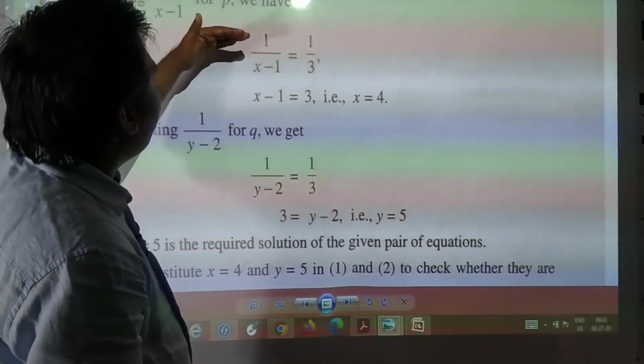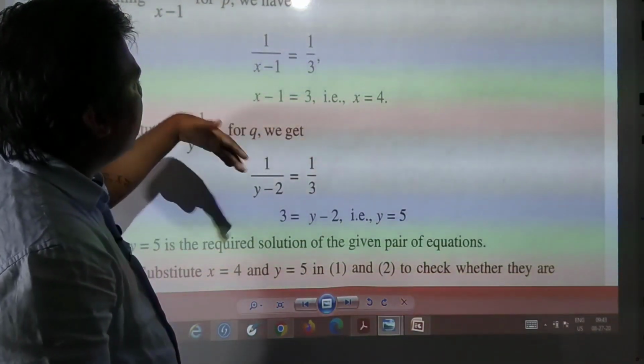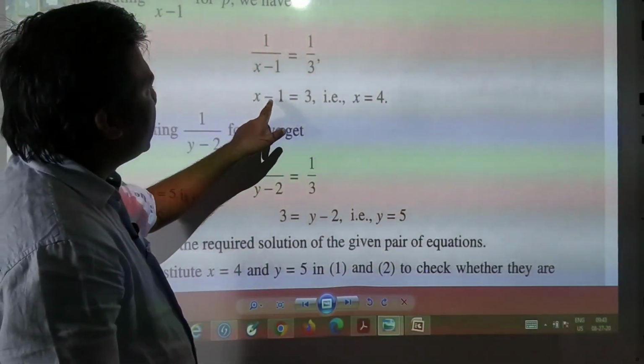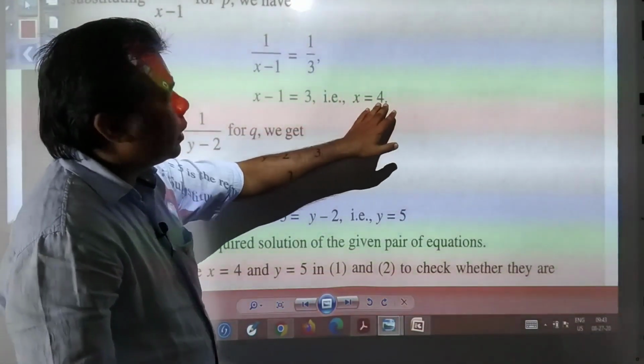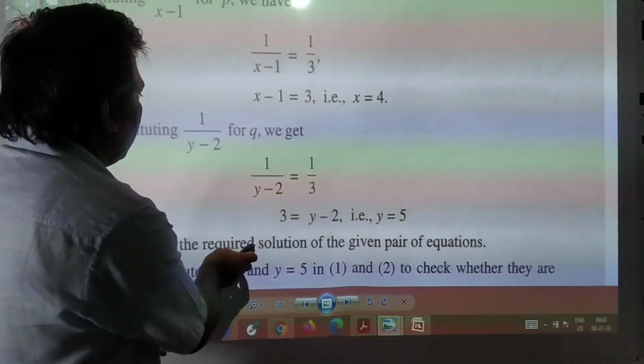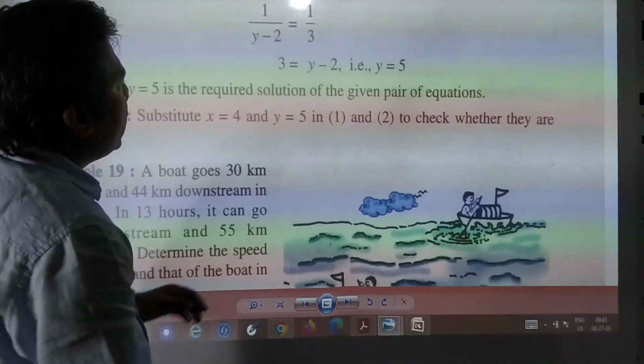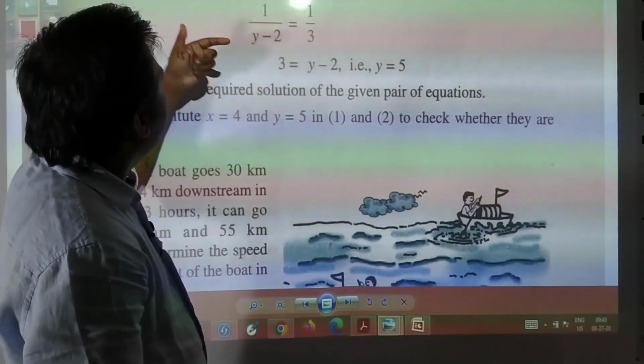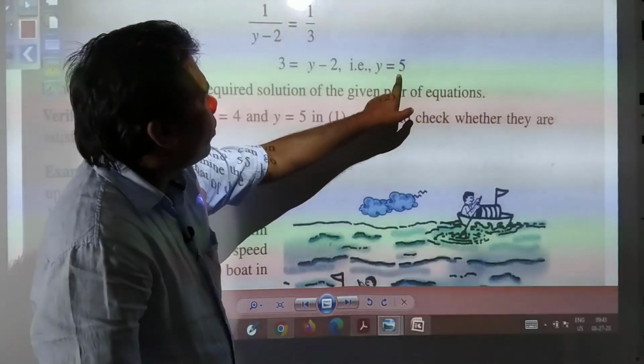If you are finding out p and q, and then replacing what you have got, x minus 1 is equal to 3 and finally x is equal to 4 as we have found out now. In the same way q is required to be found out, and then y you have got 5.